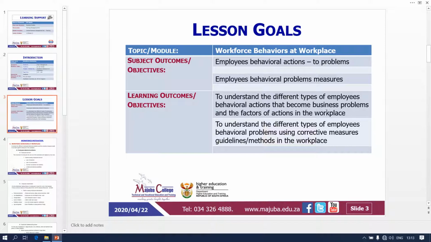What are the factors? What causes them? And to understand the different types of employees' behavioral problems using corrective measures or guidelines or methods in the workplace for each behavioral problem. So you must apply the corrective measure. Okay, let's move on.